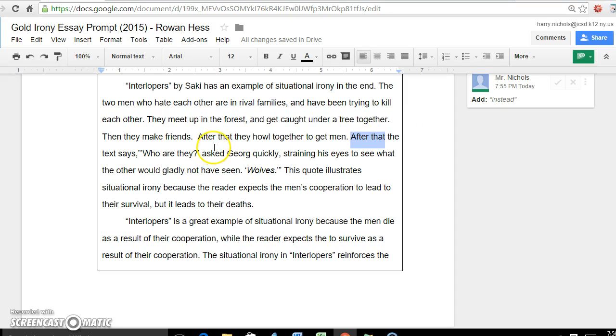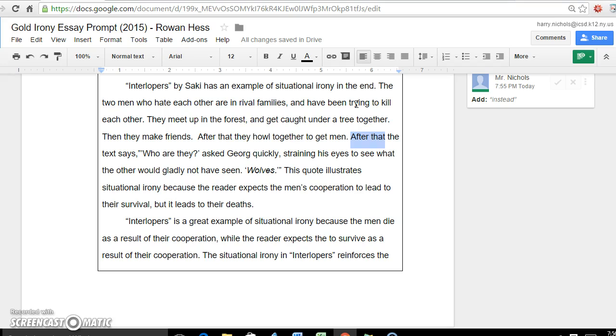information here. When we summarize the scene just before the quote occurs, we really need just that, like just what's going on just in the moments before the quote occurs. You could say the two heads of rival families trapped under a tree together resolve their differences and decide to call for help, to cooperate, to call for help, right?